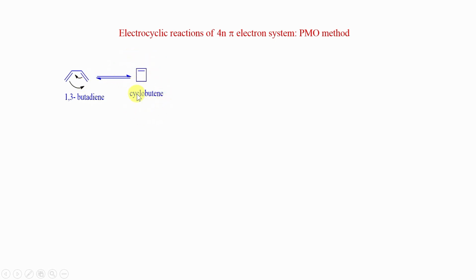First of all, we have to consider whether this reaction takes place via a conrotatory process, which may react either thermally or photochemically. First, we have to analyze whether the conrotatory process is a thermal reaction or a photochemical reaction.